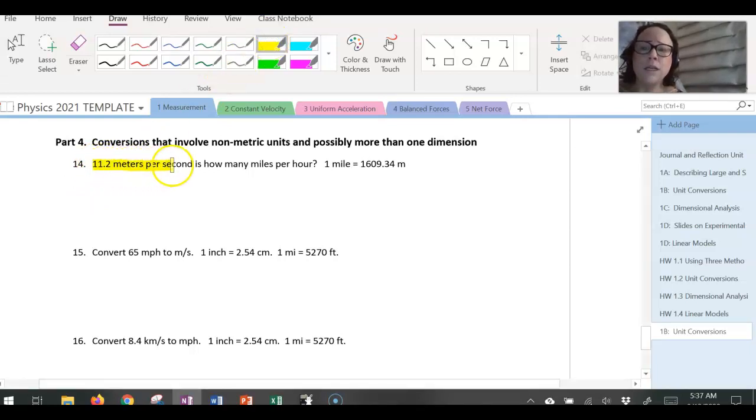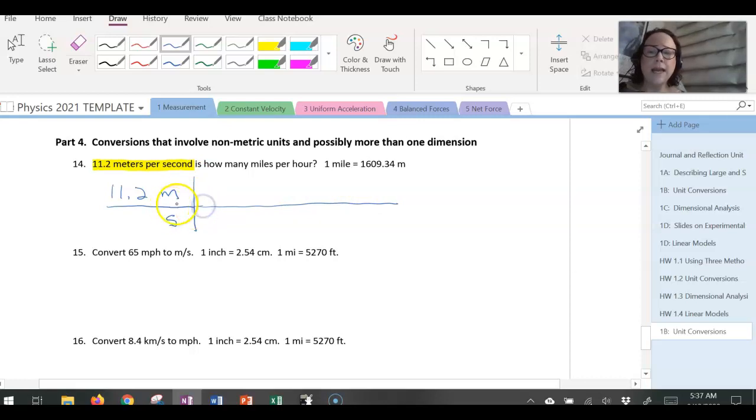I have the quantity I'm given is 11.2 meters per second. Okay, so if I wrote that, it would be 11.2 meters per second. And then I'm going to set up the rest of my horizontal grid. And notice that I have two dimensions that need to be converted. I want to take the length dimension, meter, and convert it to miles.